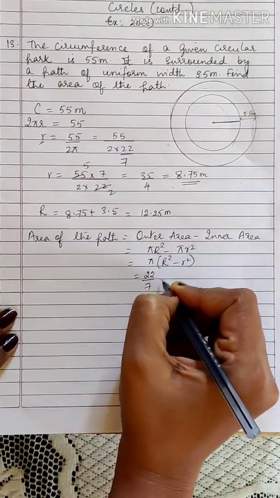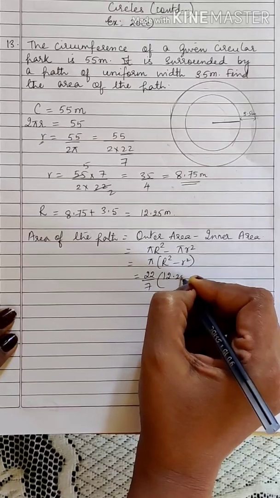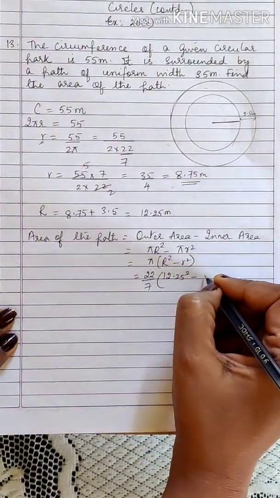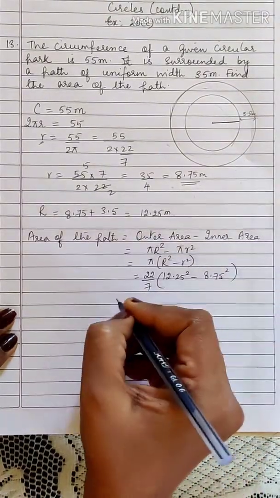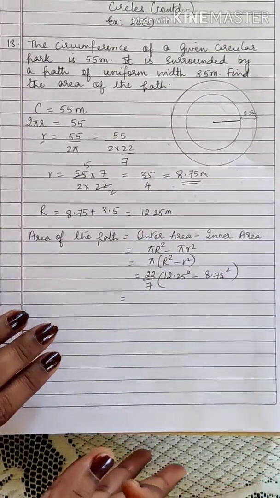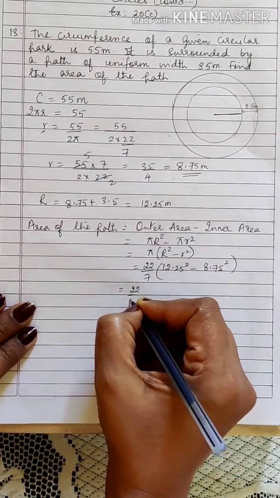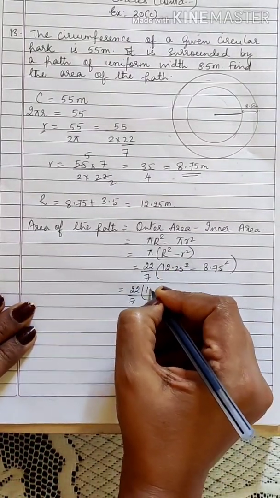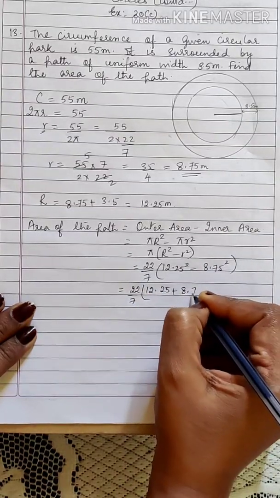22 by 7. Your capital R is 12.25 square minus 8.75 square. Now this is of the form a square minus b square. So you can use 22 by 7 of 12.25 plus 8.75.